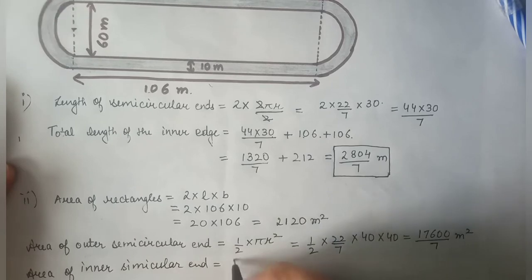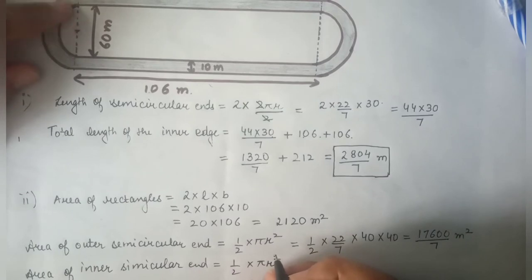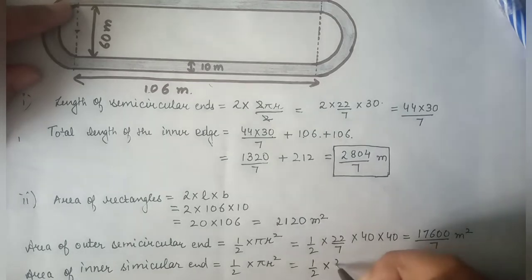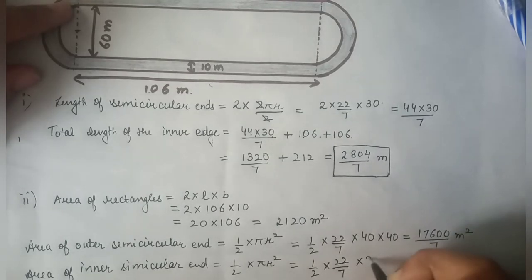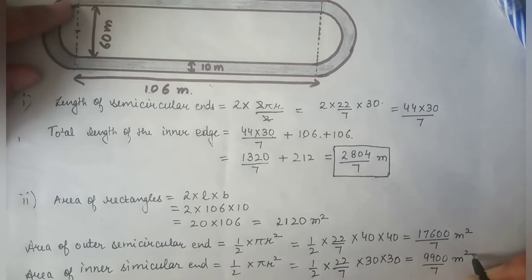It is half into pi r square. Now what would be the radius of the inner semicircle? It would be 30 meter. So put the value, half into 22 by 7 into 30 into 30. It will come out to be 9900 upon 7 meter square.